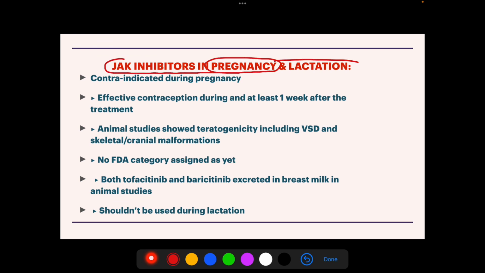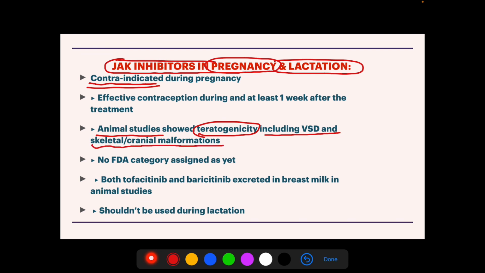JAK inhibitors in pregnancy and lactation. These are contraindicated during pregnancy; effective contraception during and at least 1 week after the treatment is needed. Animal studies showed teratogenicity, including VSD and skeletal and cranial malformations. No FDA category has been assigned as yet.